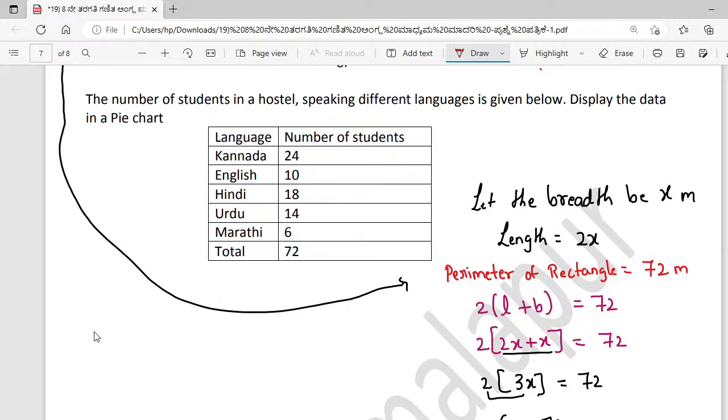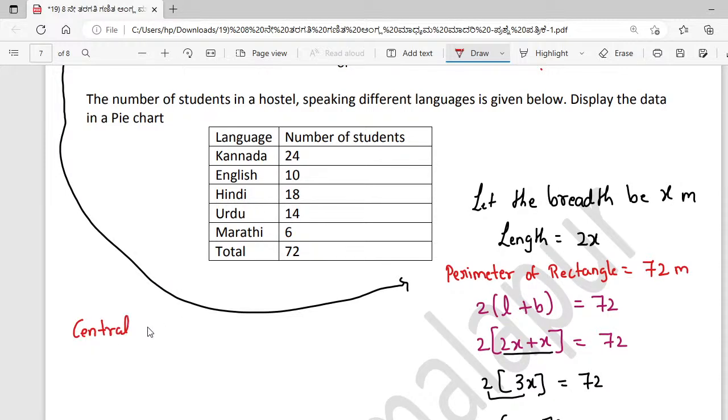So, central angle for Kannada. Okay, how to find the central angle? What is the number of students for Kannada? That is 24 divided by total.